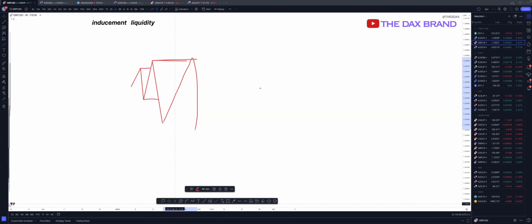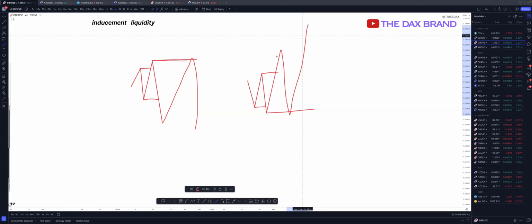Even if it doesn't happen, to avoid unnecessary losses here, keep that at the back of your mind, that even if you have a sweep of this low and a break, this low is not protected until there is structural liquidity. If not, this will happen. This is an inducement liquidity, and price will take it out and expand. This happens all the time.